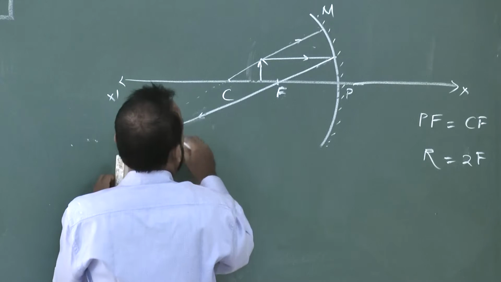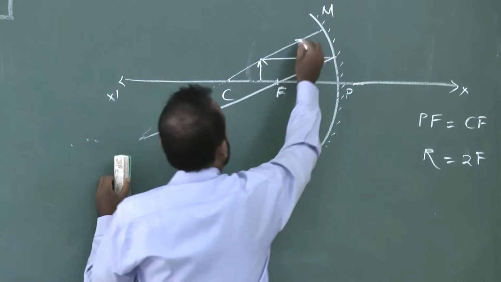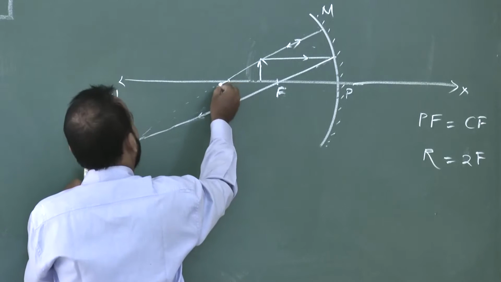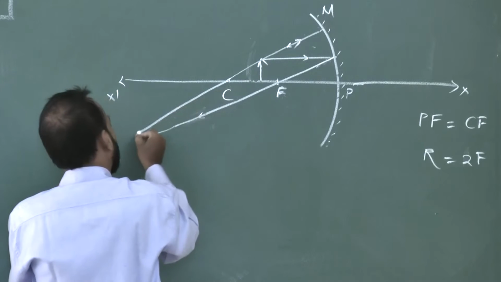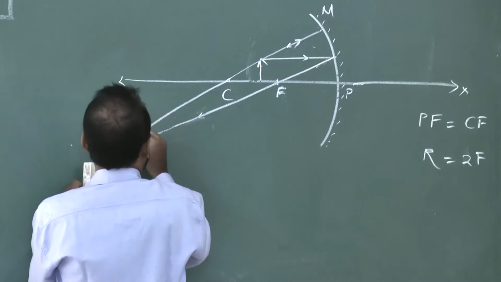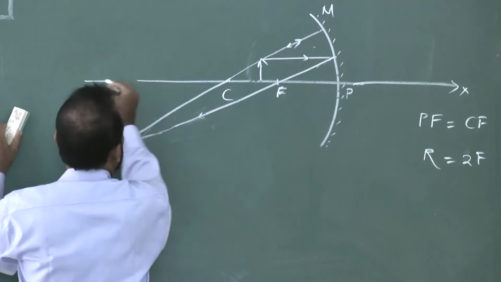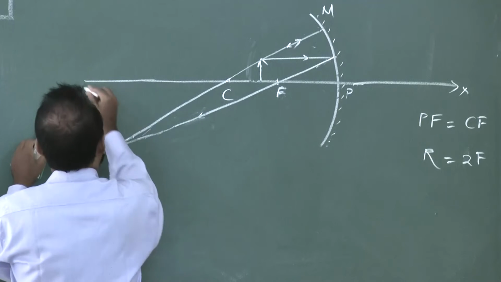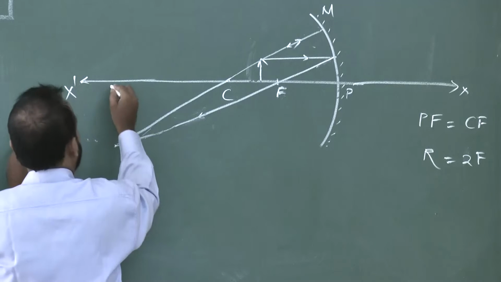Here somewhere you will get the image. This is your X dash.